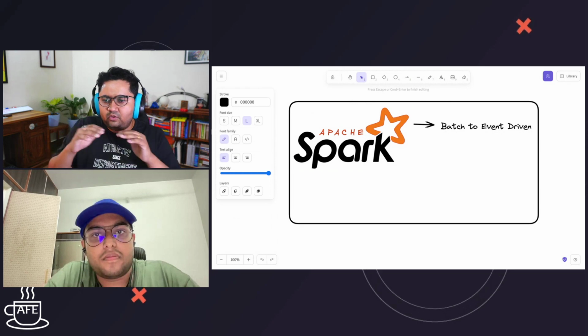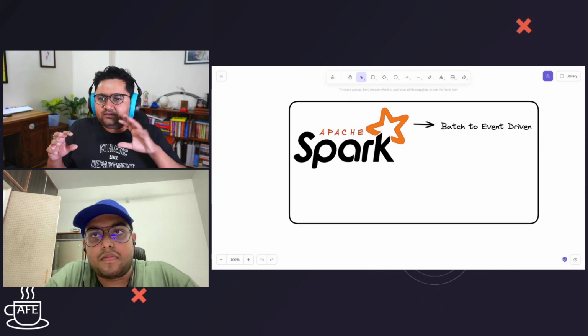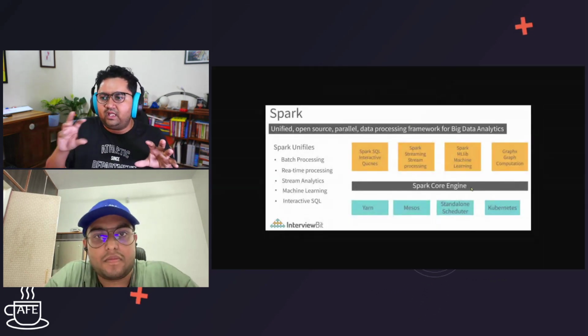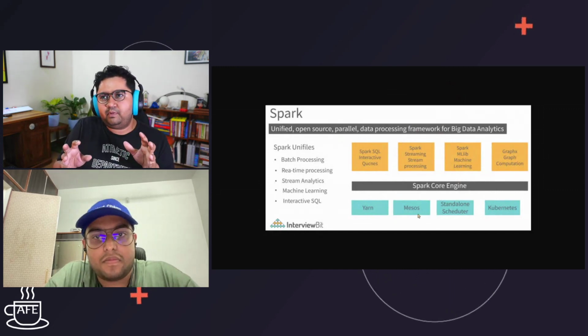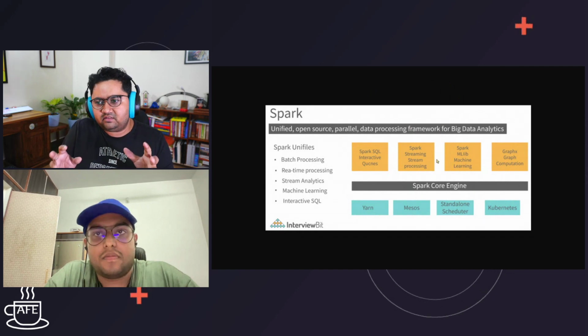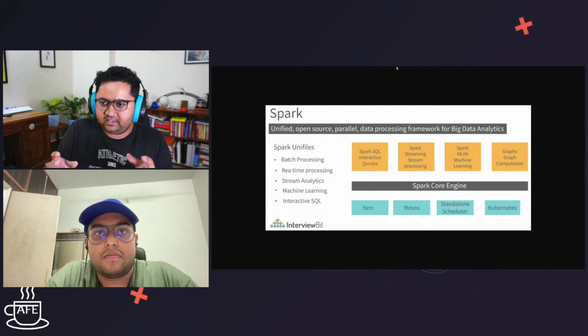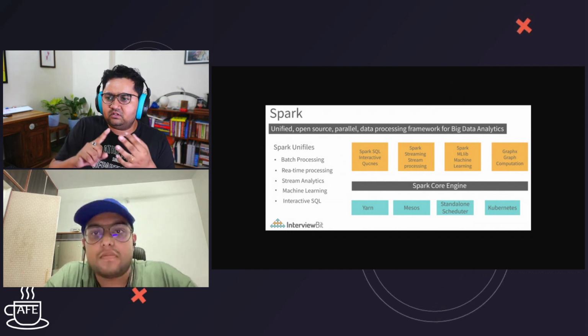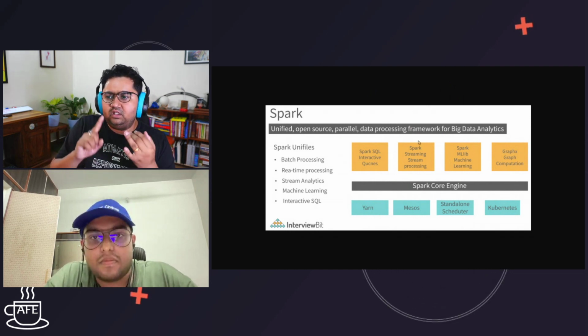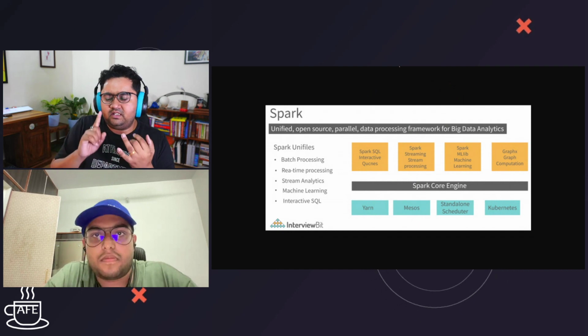So if you take a look at Spark architecture, there are frameworks to handle both. And Spark by design, I think, could in itself be a case study as to how good technologies are designed. It has a good batch processing engine. It has a great real-time processing engine. It has a streaming engine. It has a machine learning library. It has graph computation.